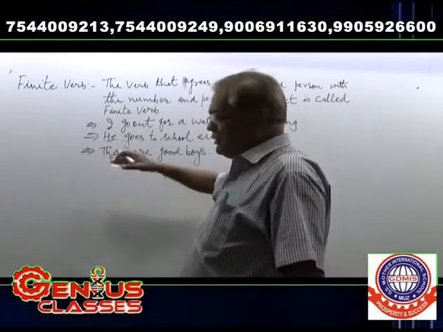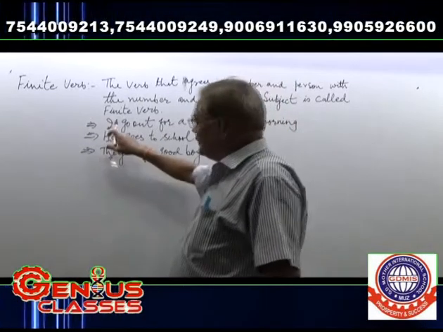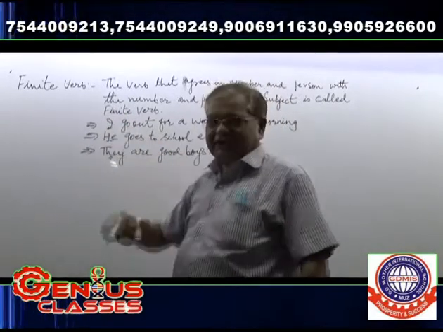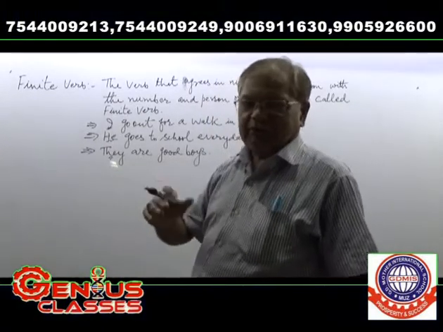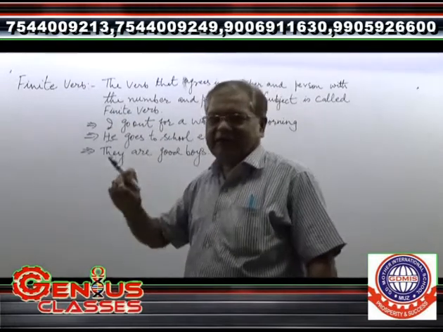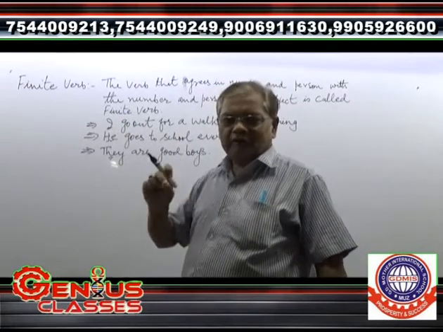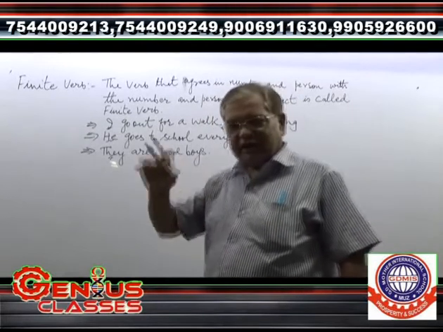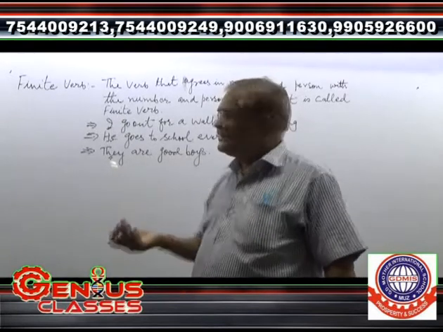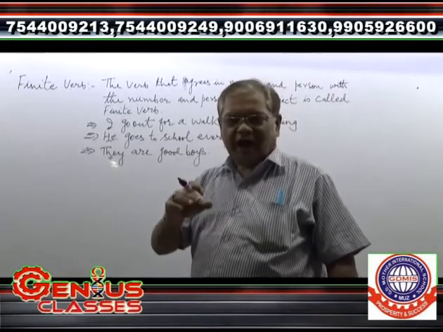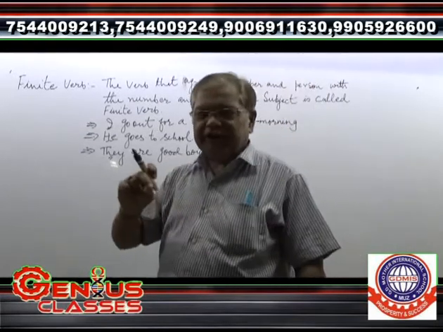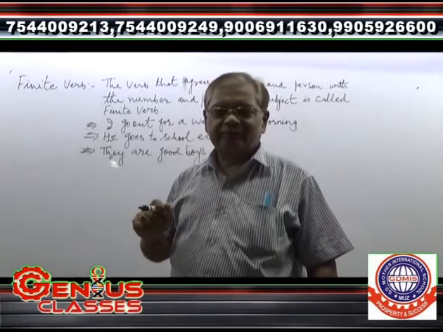So different kinds of sentences are formed according to the subject and the number. Number means whether it is single, two or three. And person means first person, second person, third person. All the persons, human beings, animals or non-living things, fall under the persons. For example, he, she, it. These are pronouns.